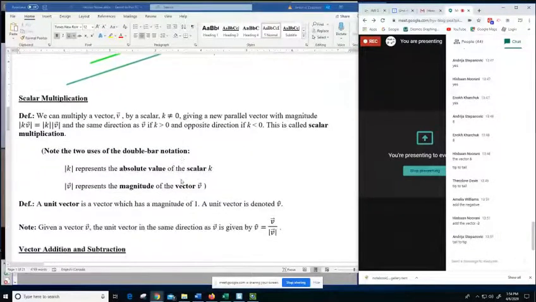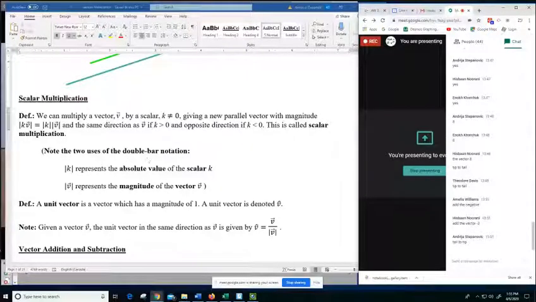And then lastly, our first official operation on vectors, this idea of scalar multiplication. Okay, so if you multiply by a scalar, here I have it as k not equal to 0, but we've seen how it does make sense to have a 0 vector. We'll talk a bit more about that last time.